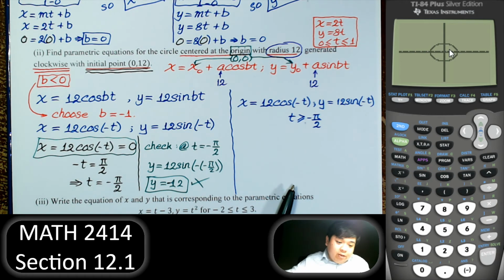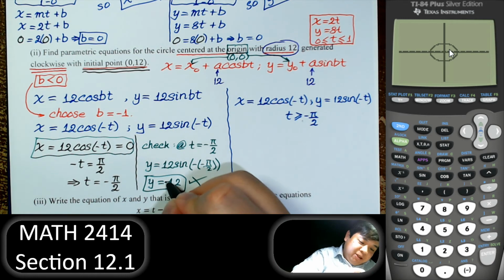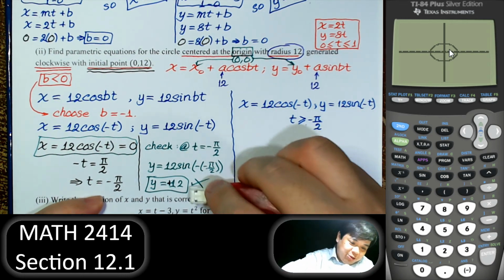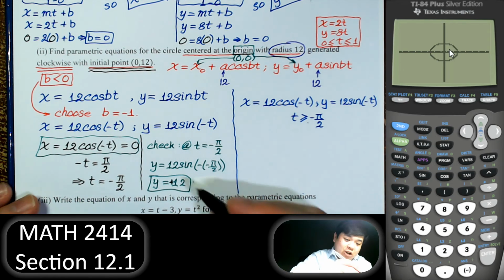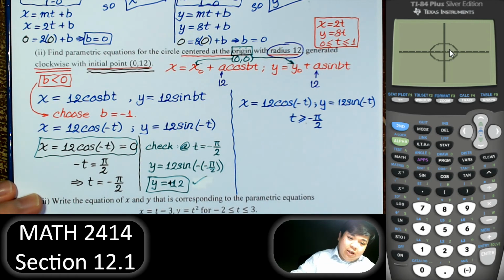Oh, never mind, negative and negative. So that checks. Sorry, that works. So that's perfectly fine here. Yeah, I forgot there are 2 negative signs. So yes, that checks. So this equation is correct.